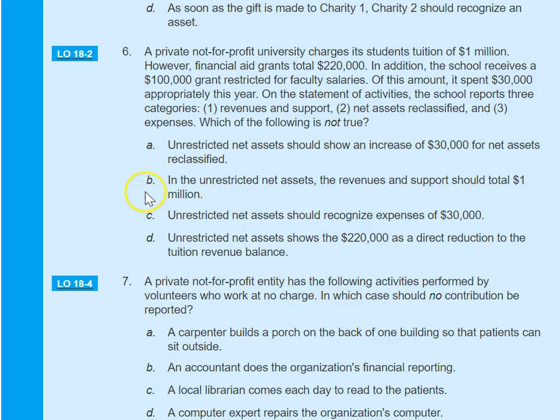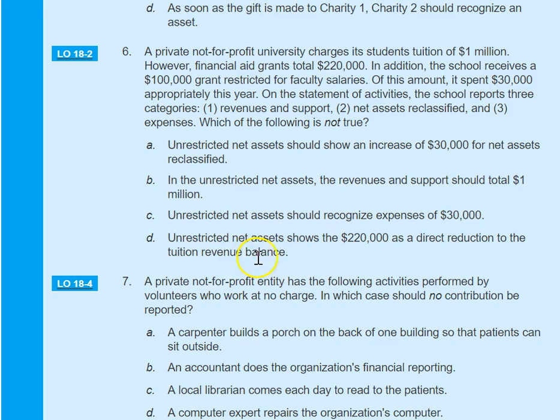So this is not true, number B, but we'll go over the two other items and see why these are true. Number C says unrestricted net assets should recognize expense of 30,000. Yes, once they shift those $30,000 from temporarily restricted to unrestricted, they need to reduce it too, because they are giving those 30,000 as faculty salaries. So they have to record that expense.